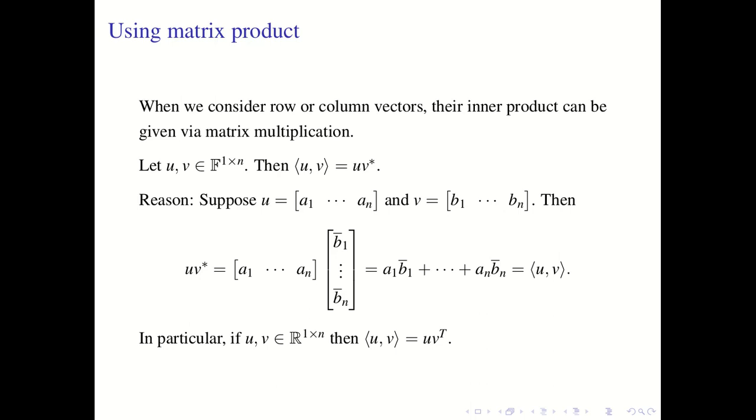So if u is a1 up to an, the 1 cross n matrix, and v is b1 up to bn, then u v star is nothing but a1 b1 bar plus etc. an bn bar.